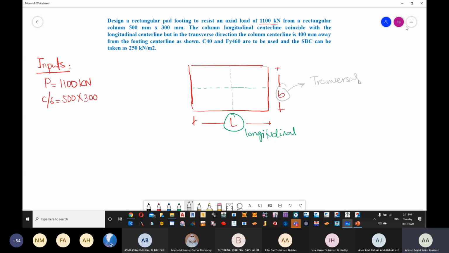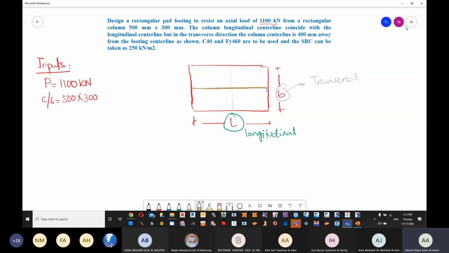What does it mean? It means the center line of the longitudinal section of the foundation, which is in green now, is going to be the same as the center line of the longitudinal section of the column. So the green and the gold or brown are coinciding, meaning they are in the same line.